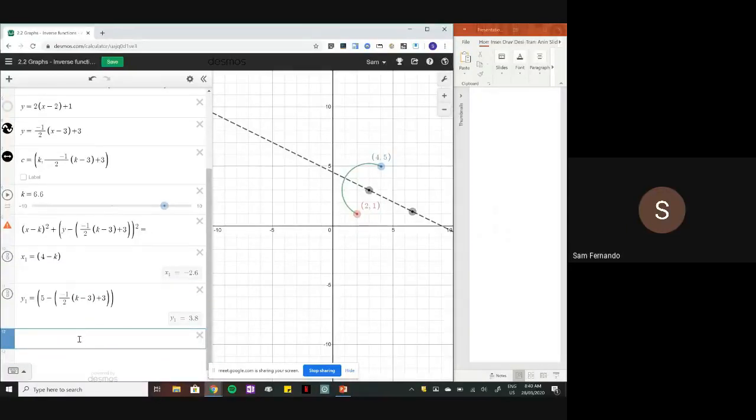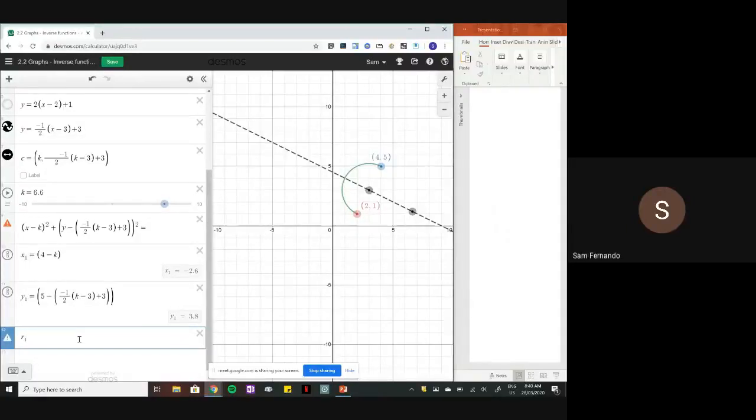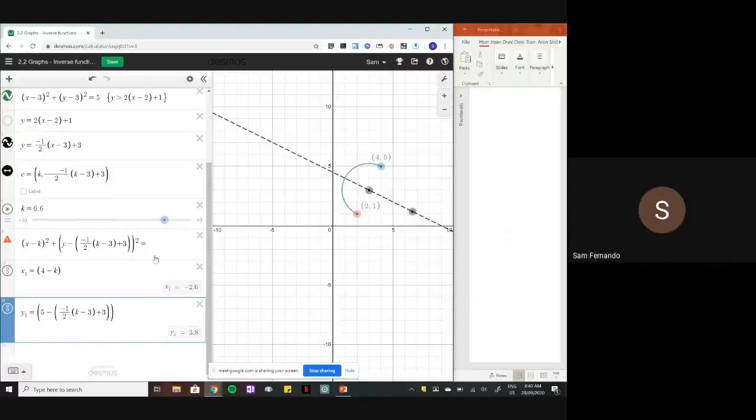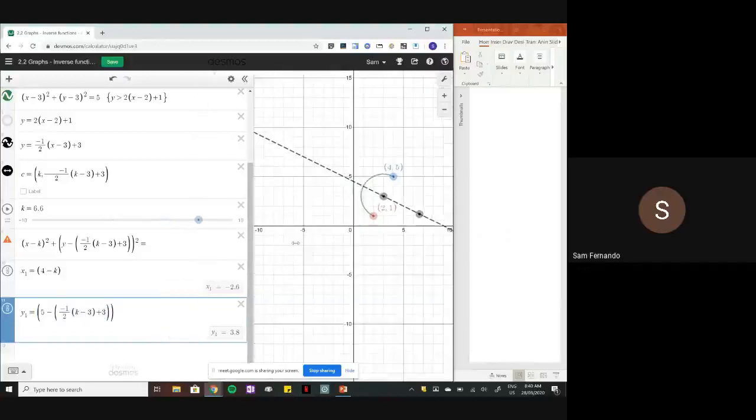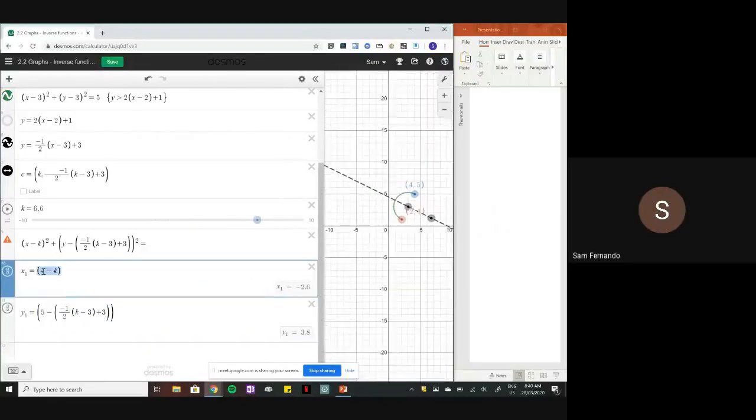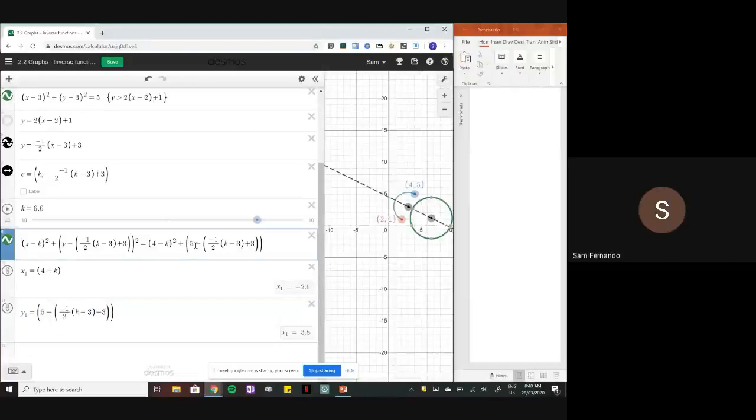Okay, so that makes our radius, what do we want to call that? Well, the radius squared is going to be this value here squared plus this value squared. So I just want this value here squared using Pythagoras. A squared plus B squared equals c squared.